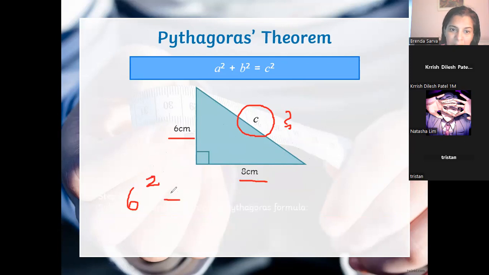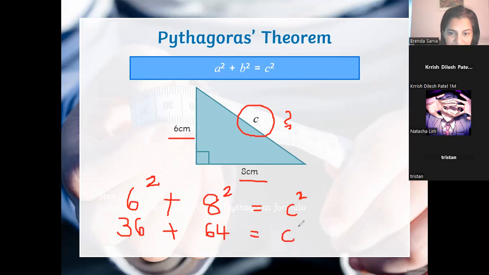So, 6 squared. You plus that answer with 8 squared. And you will get C squared. Okay? Don't go and just cancel the 2. It doesn't work like that. Okay? You work out the calculation. 36 plus 64. And that's equivalent to C squared.